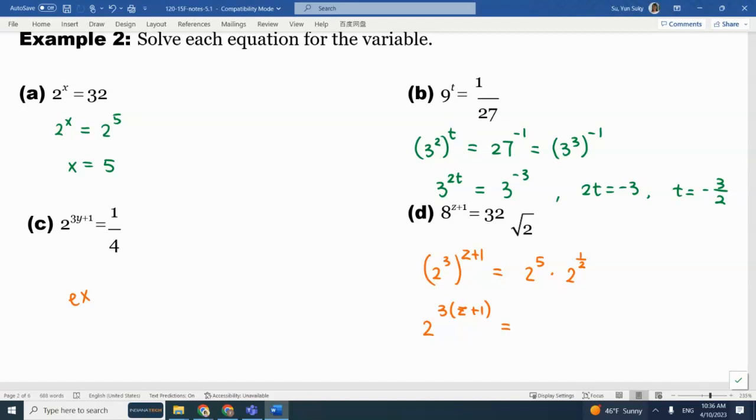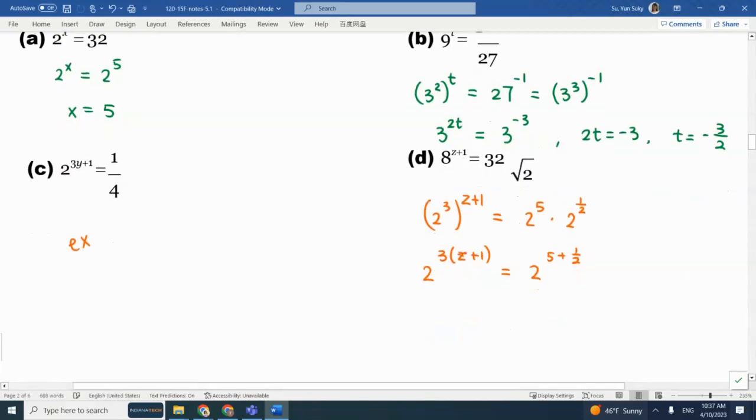We add them, yes. 5, okay, so 2 to the 5 plus 1 half. Okay, keep going. What is 5 plus 1 half? 5 is what over 2? 10 over 2. 10 plus 1, 11 over 2. Good. See, we have the same base.